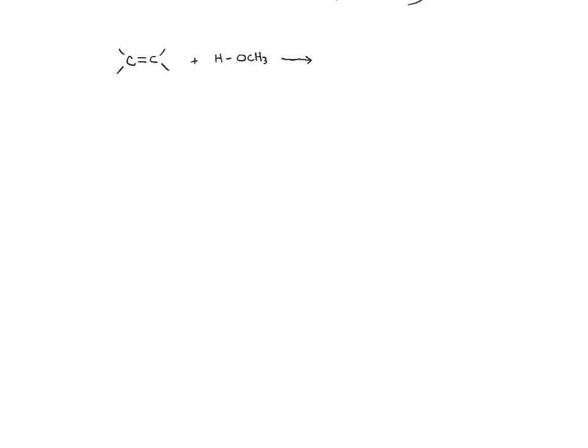So if I have an acid catalyst present, what I can do is again break open that pi bond, form a bond between carbon and hydrogen, and this time we put an OCH3, which is an ether.